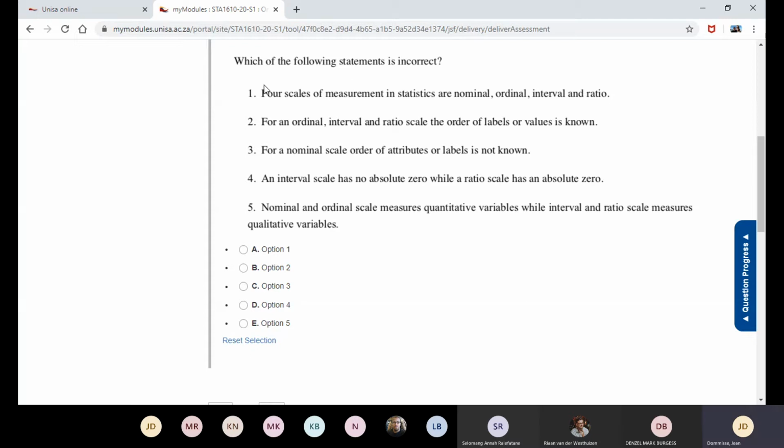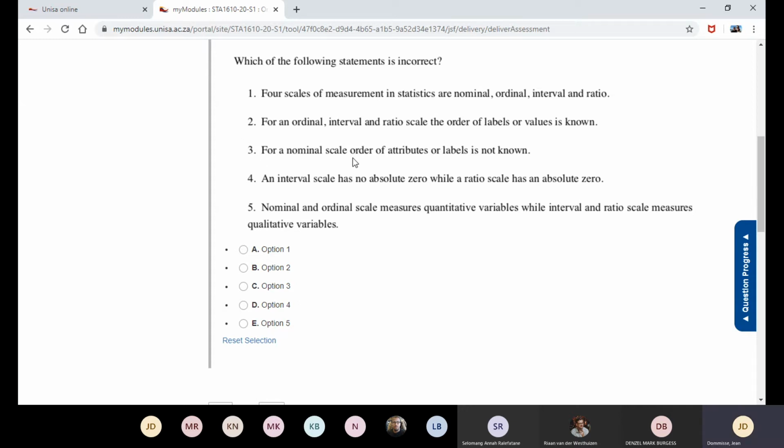For ordinal, interval, and ratio scales, the order of labels or values is known: sure, it needs to be, otherwise you can't do anything with that. So that is correct as well.